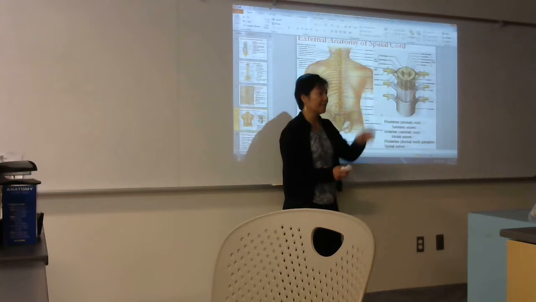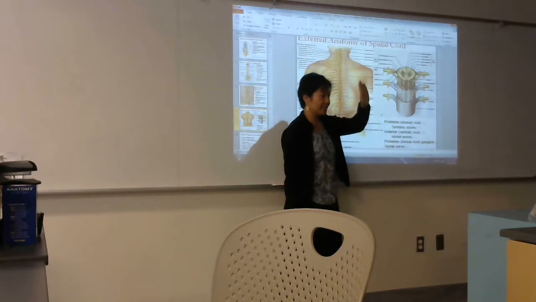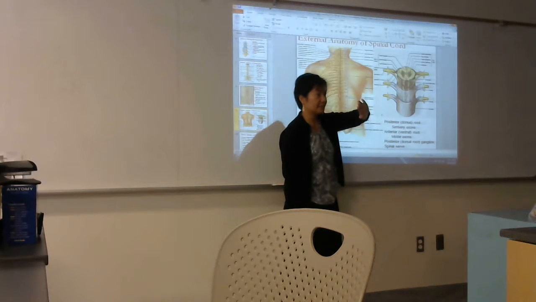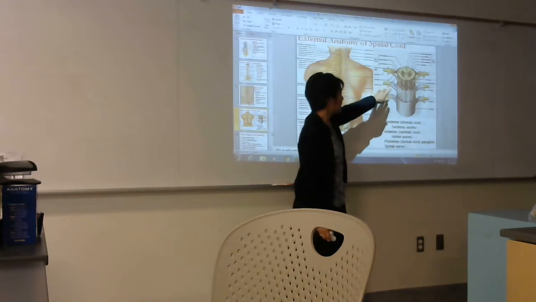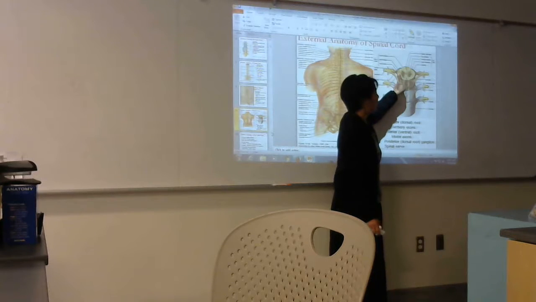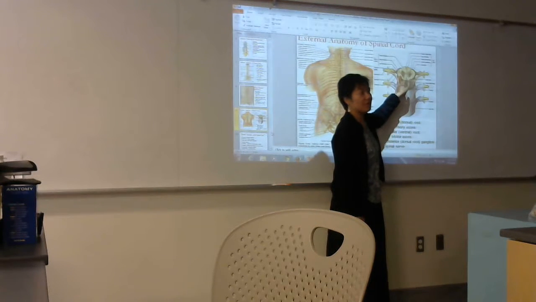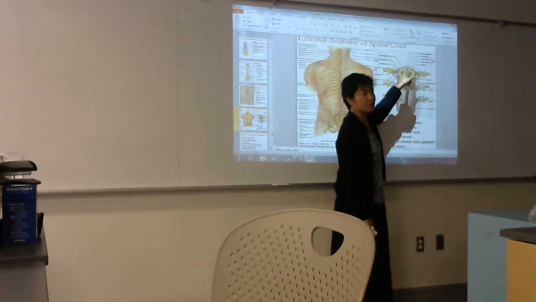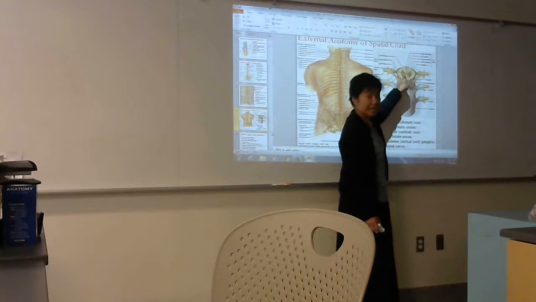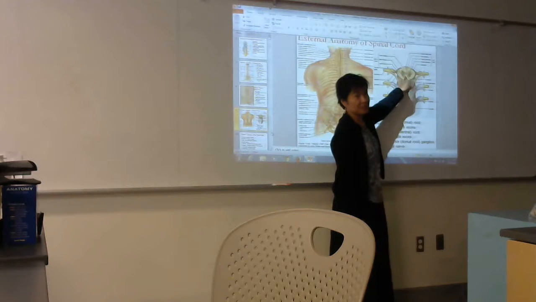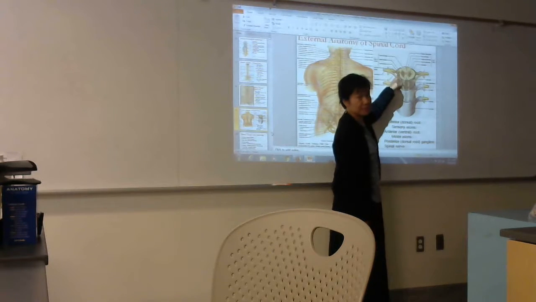Remember, in the brain, the outer part is gray and the inner part is white. Okay? Here it's opposite, gray, white. So of course, in terms of the parts of the neuron, the gray will comprise the cell body and dendrites, must be here, right? And the axon must be here.